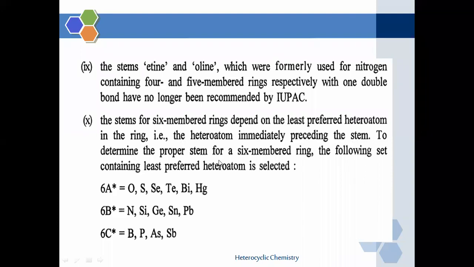So these are the sets of heteroatoms which are less preferred. 6 is the number of carbons in the 6-membered ring, and 6A belongs to more preferred heteroatoms. 6B belongs to less preferred heteroatoms as compared to A, and 6C belongs to least preferred heteroatoms when compared with A and B. So this ABC is nothing but the preference order of the heteroatoms.